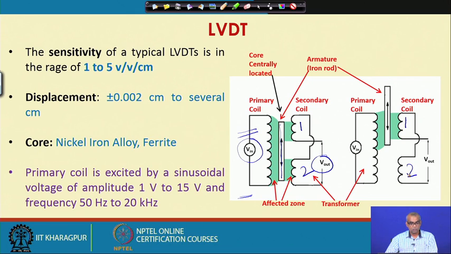The core is made of nickel iron alloy or ferrite most commonly. Primary coil is excited by a sinusoidal voltage of amplitude 1 volt to 15 volt and frequency 50 hertz to 20 kilohertz.